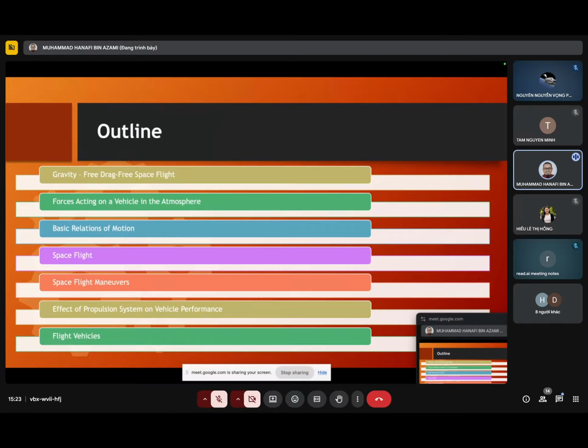Looking at the slides, we will do something related to gravity-free, drag-free spaceflight. We will assume several things: you don't have drag, we don't consider the spherical influence of the earth, we consider a flat earth, it is drag free, and gravity is constant.